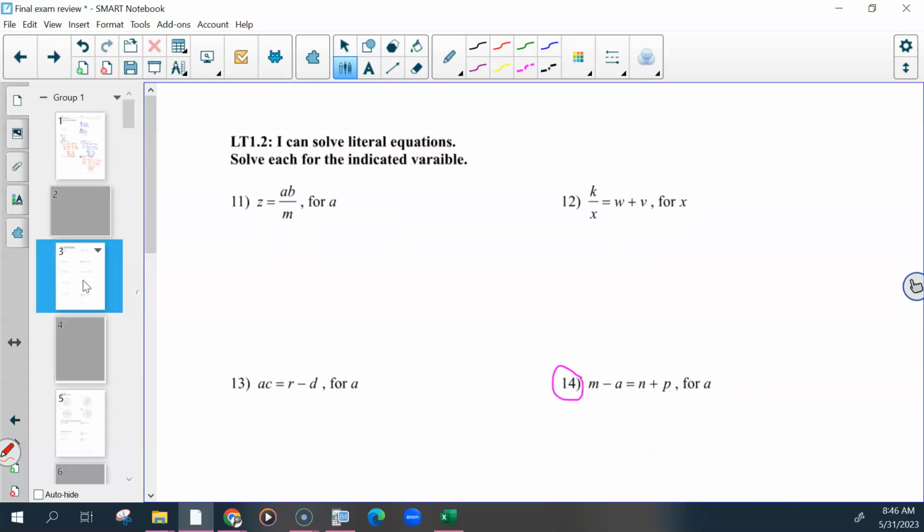Now we're at literal equations. It's like solving an equation, but there are no actual numbers, so they're all variables. Which of these do we want to see to go over and review? 11.